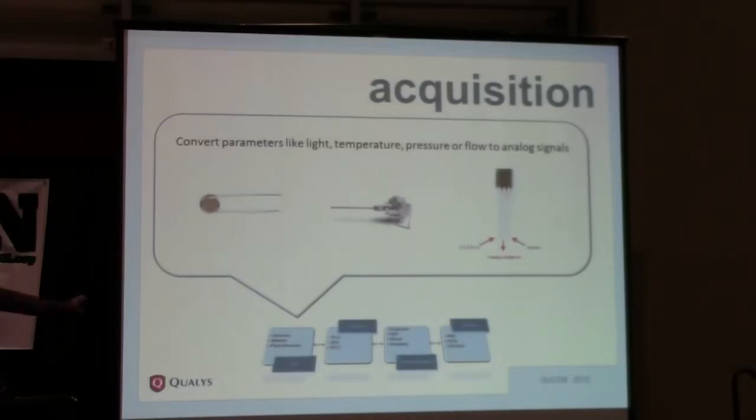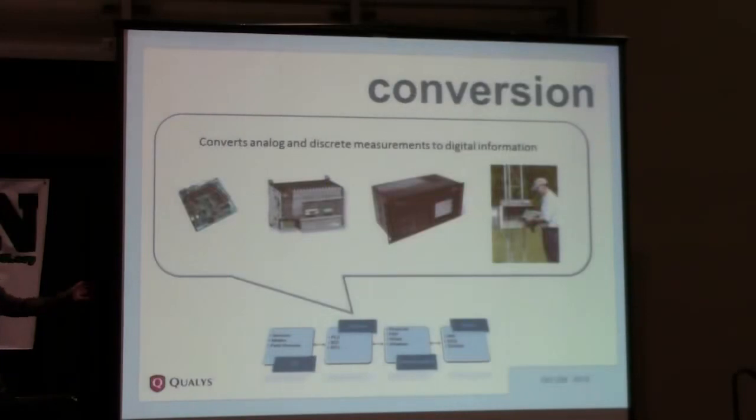Now this block has a two-way communication with the next block, which is data conversion. This block consists of your PLCs, your IEDs, and your RTUs: programmable logic controllers, intelligent electronic devices, and whatnot. That's what we have here in the pictures: a PLC, an IED, and an RTU.